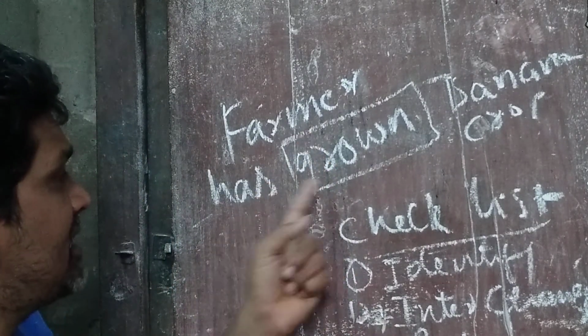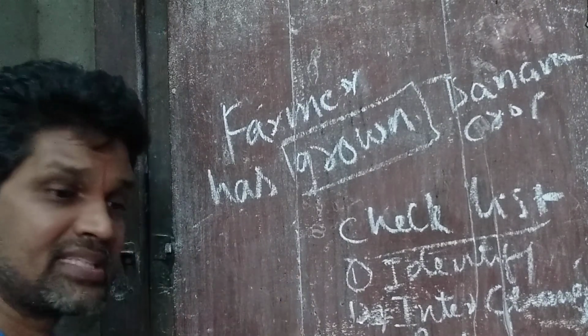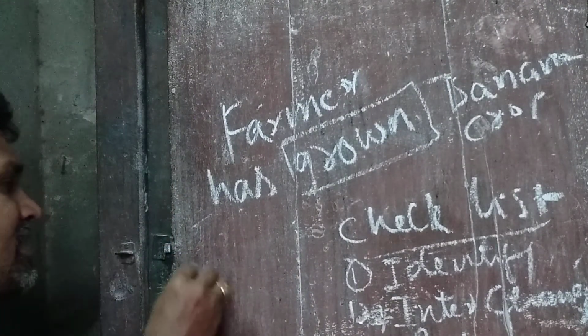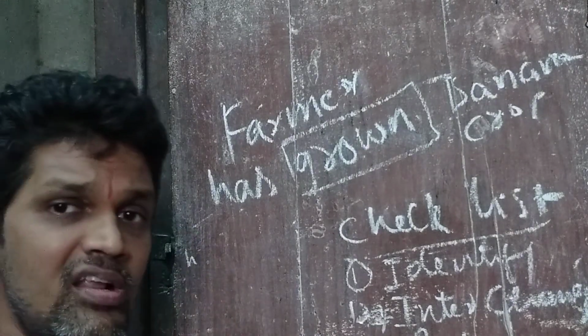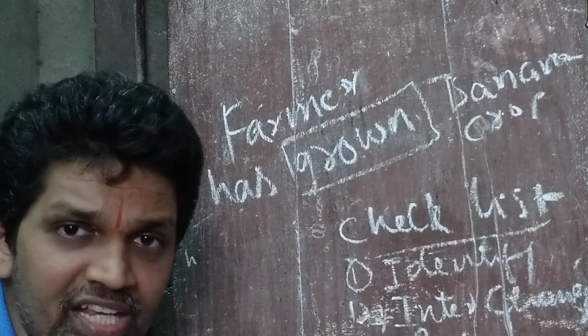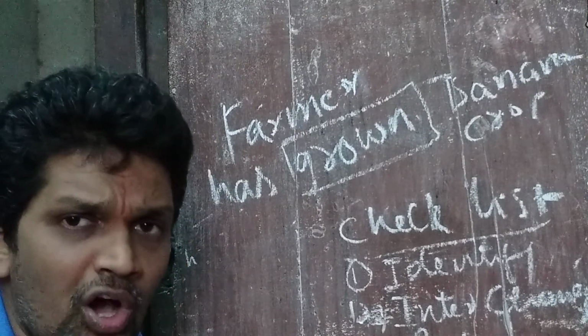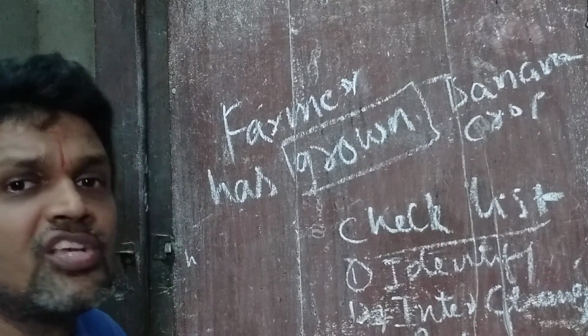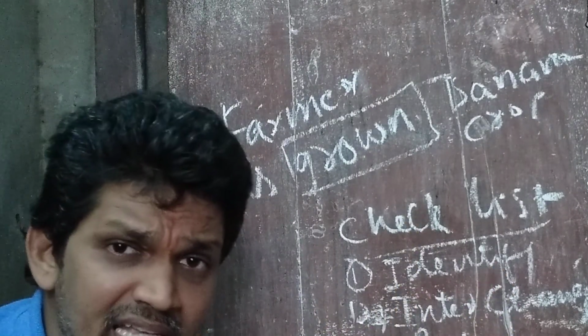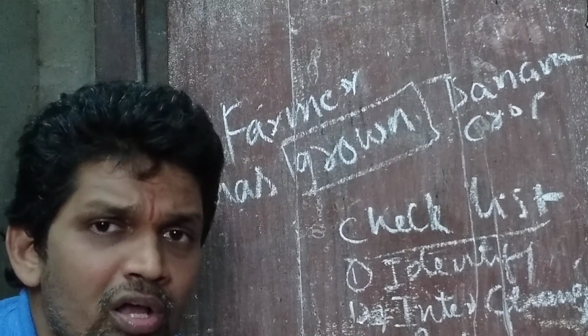Here the verb is in present perfect tense, so you apply the present perfect formula. What is the present perfect formula? Has or have plus been plus V3. Suppose it is in continuous tense, apply the continuous formula: is or am or are plus being plus V3. Suppose the verb is in simple present tense, you apply the simple present formula: is or am or are plus V3.